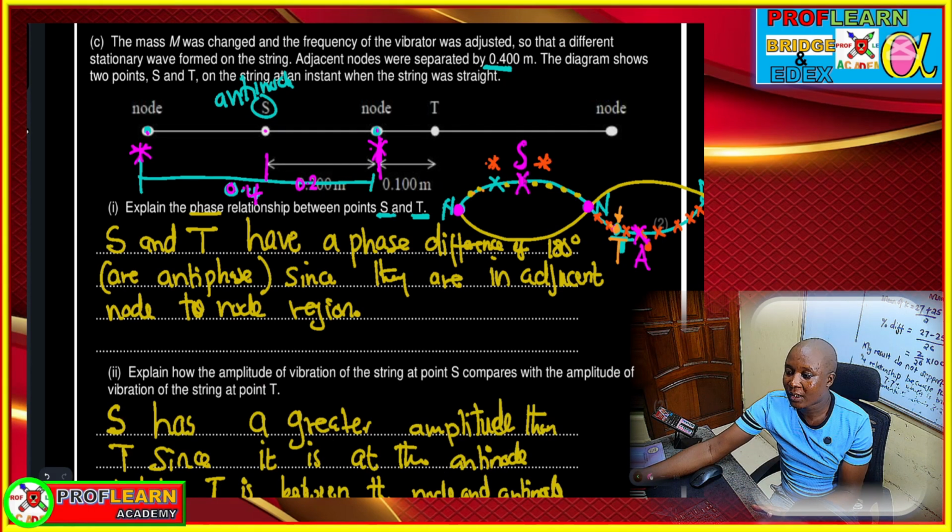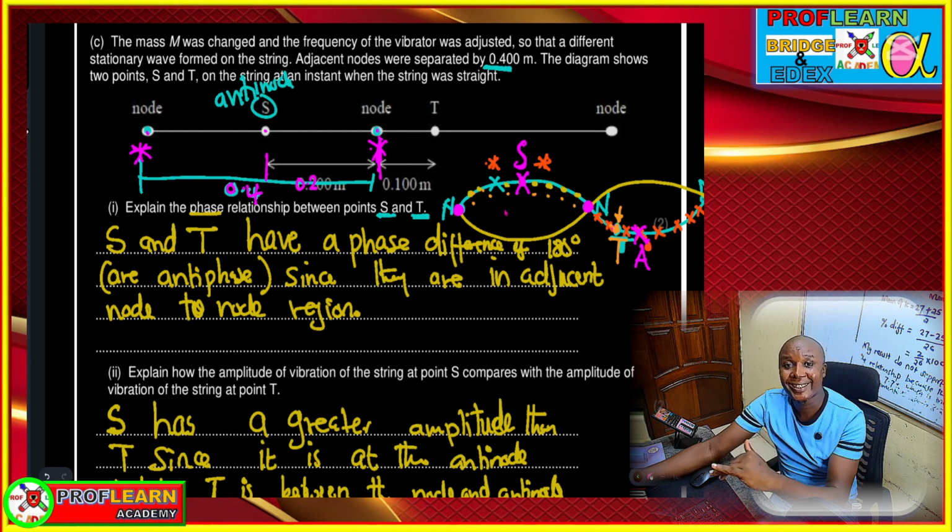All these points that are here are in phase. If you are asked a point at this point, or here, or here, all these points are moving in the same direction. All these points are in phase. But points on this other side also, if you have any point along this loop, also they are in phase.